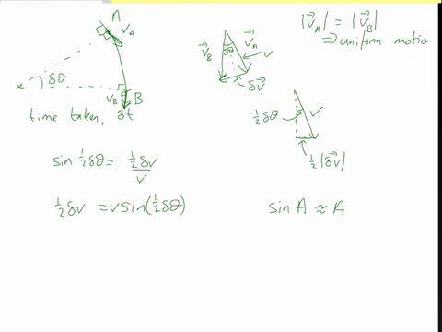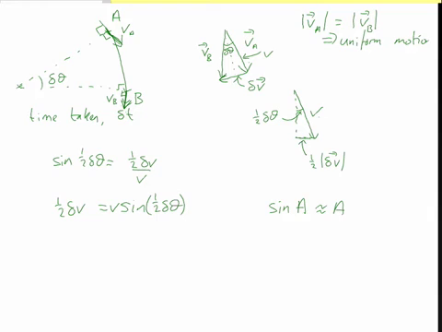If you don't believe me, you can get your calculator out, switch it to radians mode, not degrees. If you put it in radians mode, which are the natural units for angle, and put in very, very small numbers and take the sine of it, you will find that you get something that's almost identical. The smaller you go, the more accurately the sine is equal to the angle in radians.